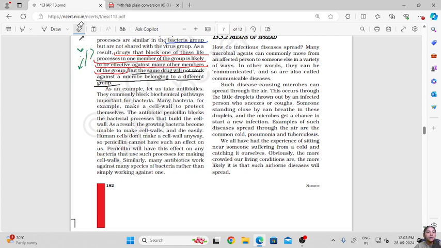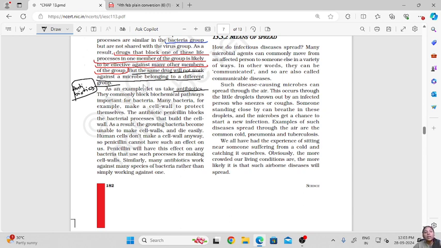As an example, let us take antibiotics. Antibiotics block biochemical pathways important for bacteria. What do these antibiotics do? They block a pathway, the process which is very important for bacteria.